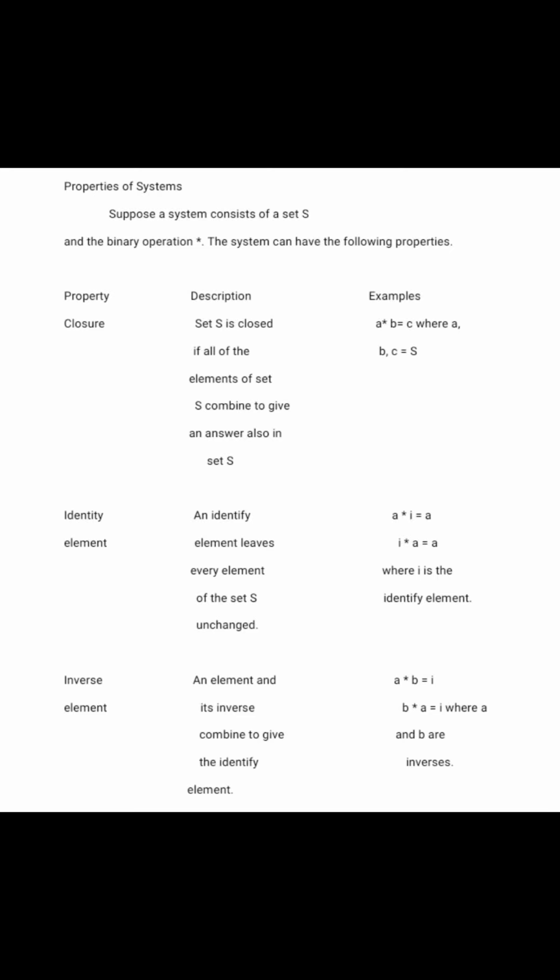Inverse element. An element and its inverse combine to give the identity element. Example: A times B equals I, B times A equals I, where A and B are inverses. Commutative property. An operation is commutative if the order in which the elements are combined does not change the result. Example: A times B equals B times A. Associative property.